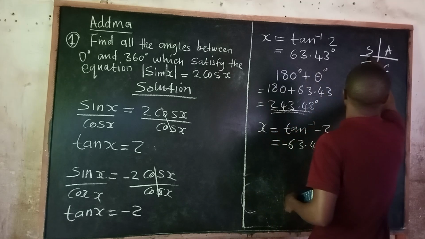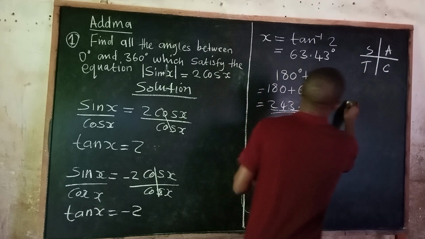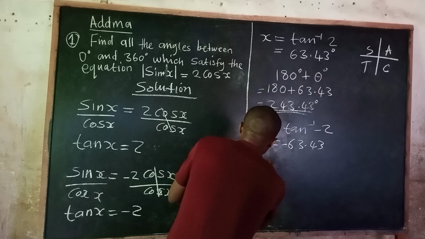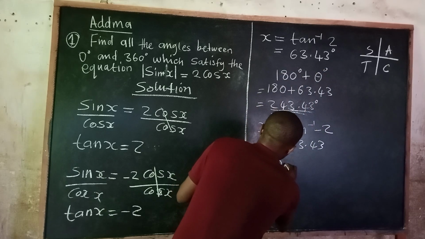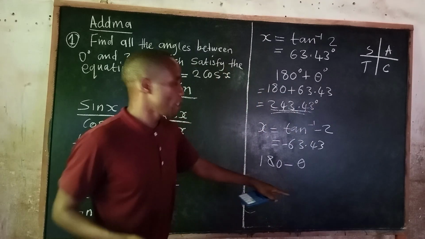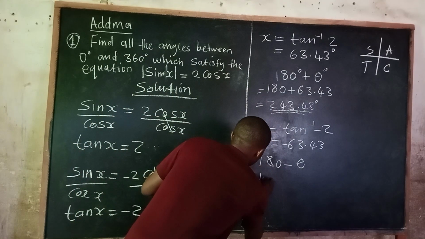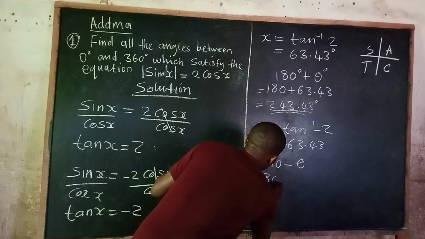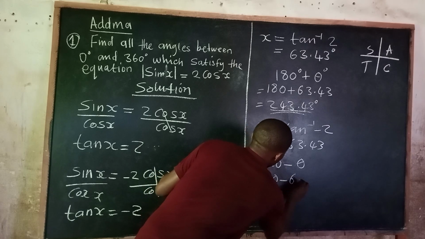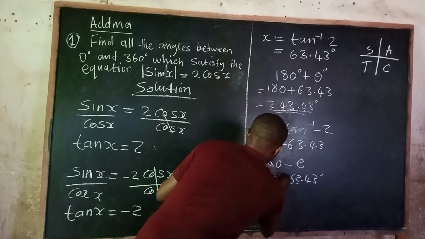So how? We are now going to say second quadrant. How do we find the second quadrant? It's 180 minus theta. Then theta, we know that it's the one which is there, negative 63.43 degrees.